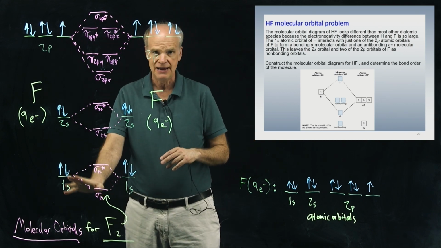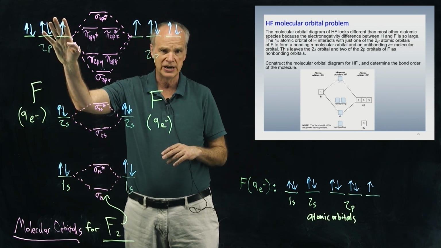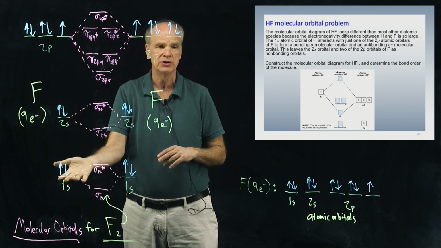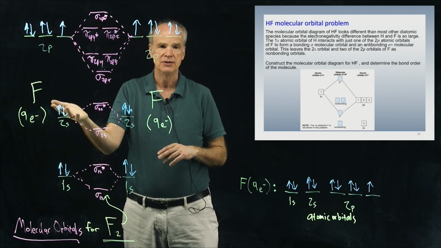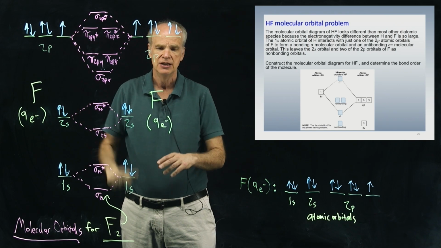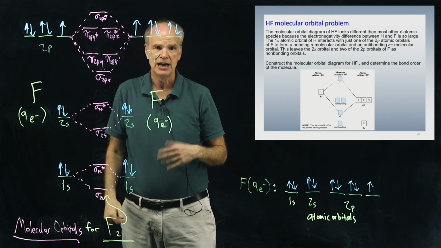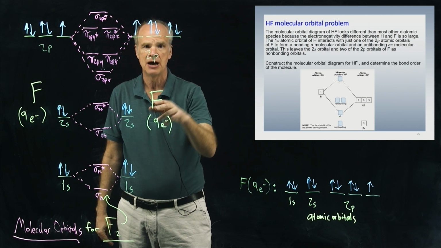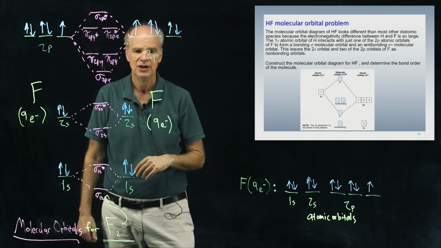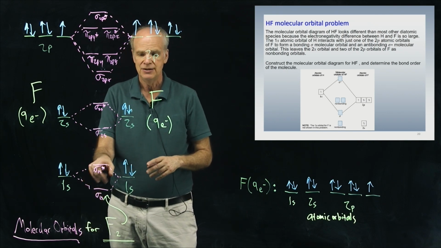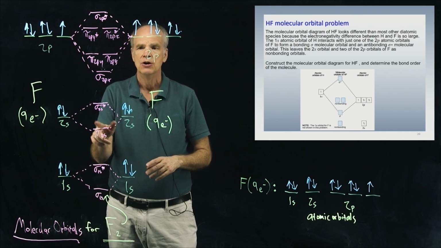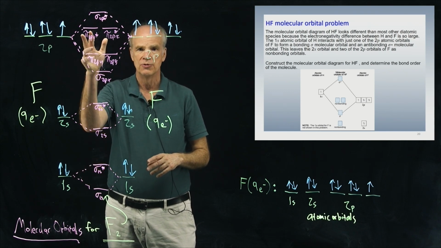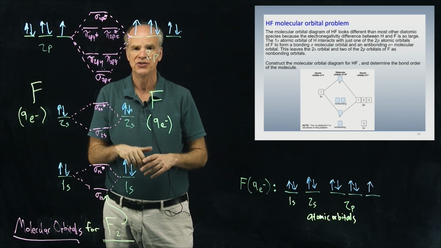On the left side here, we have 1 fluorine atom's atomic orbitals, and here I'm just writing them out in terms of increasing energy. And then on the right side, we have the other fluorine atom, and we're writing out its atomic orbitals in increasing energy as well. Now, what I've done is I've mapped out what the molecular orbitals formed from these atomic orbitals are.